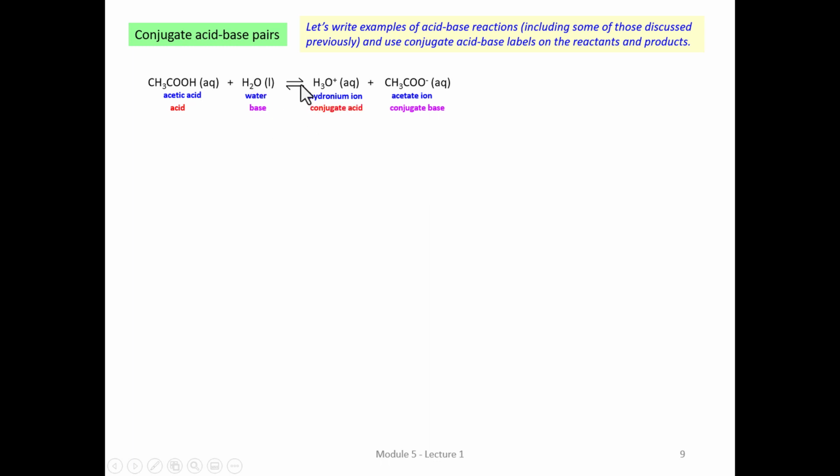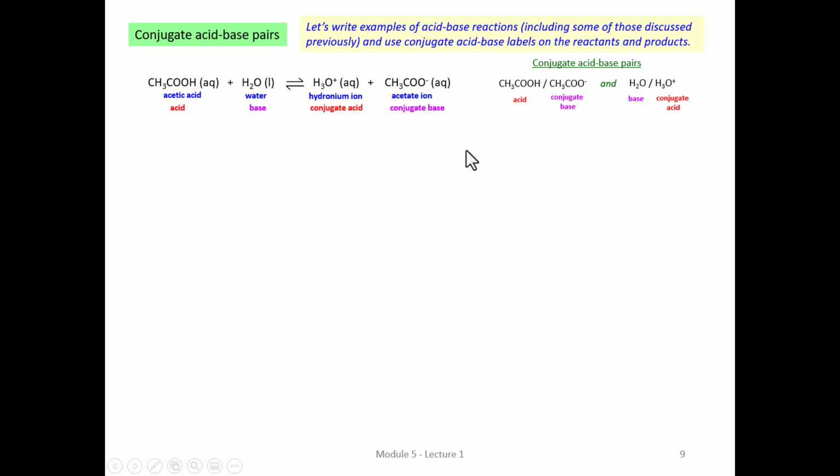And on the other side of the equilibrium sign, we have the conjugate acid of water. The conjugate acid of H2O is H3O plus. And over here, we'll just specifically identify the conjugate acid-base pairs in this equilibrium. So we have acetic acid and acetate as one conjugate acid-base pair, and H2O and H3O plus is the other conjugate acid-base pair.